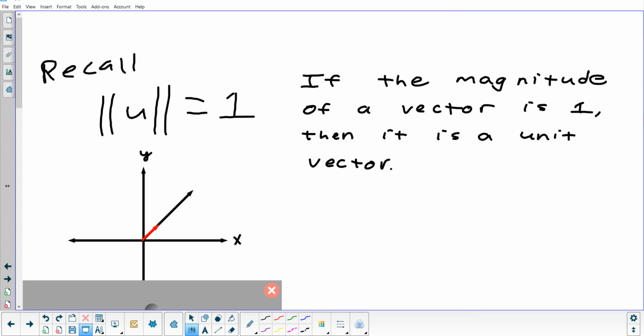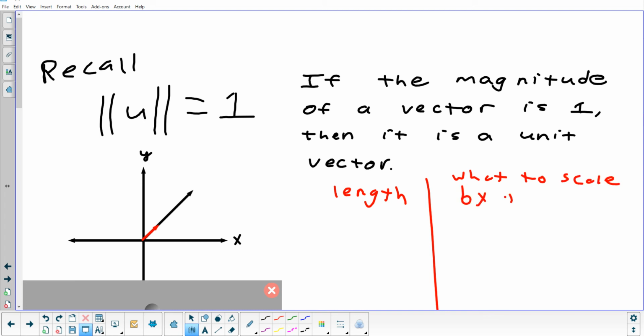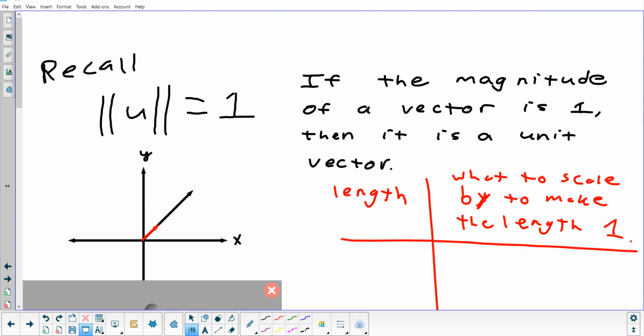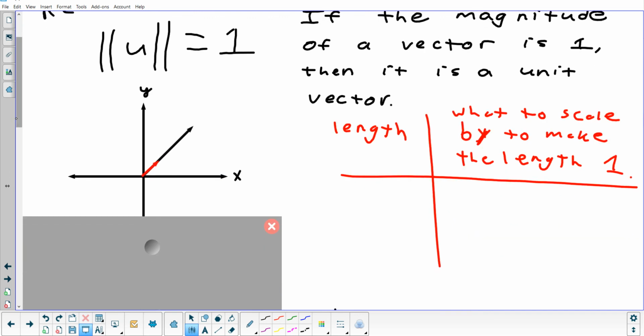So let's say we had a length, and then in this column, what to scale by to make the length 1.